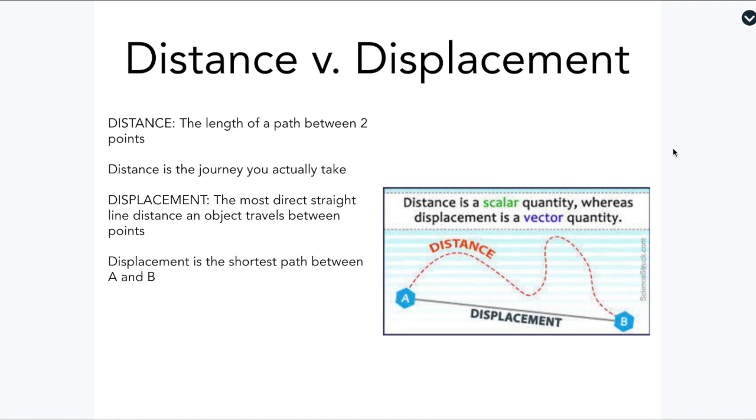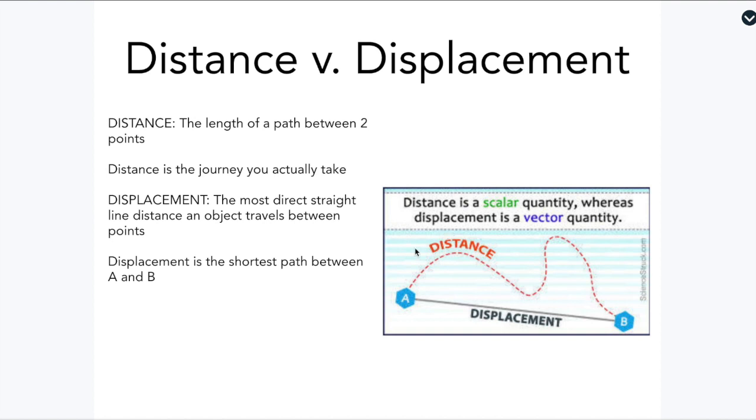However, displacement is the most direct straight line distance an object travels between points. Some people might call it as the crow flies from point A to point B. I just think of displacement as the shortest path between A and B. Sometimes we're going to use distance, sometimes displacement, but we need to be familiar with both.